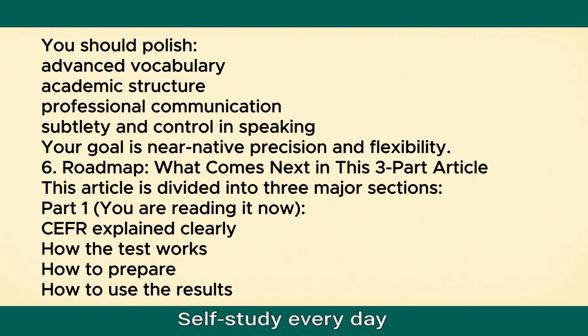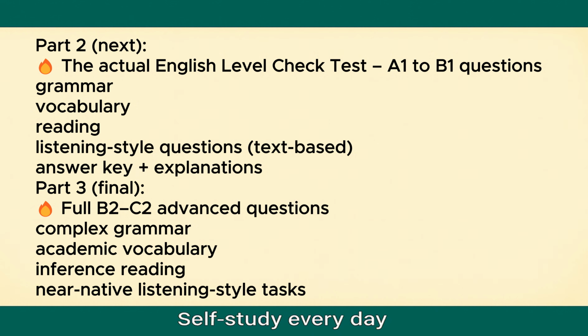6. Roadmap. What comes next in this 3-part article? This article is divided into 3 major sections. Part 1. You are reading it now. CEFR explained clearly, how the test works, how to prepare, how to use the results. Part 2. Next. The actual English level check test, A1 to B1 questions.